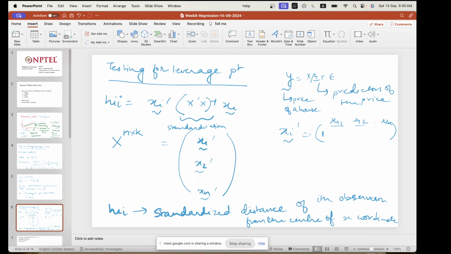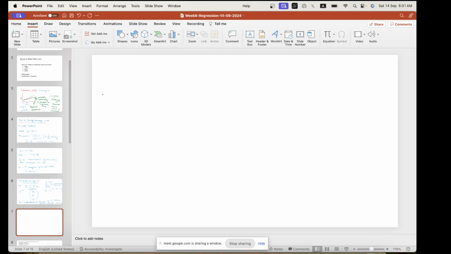So given that it's a kth dimension plane, xi prime xi is the distance of the ith observation from the center of the x coordinate plane, because this standardization is already done. Now once we know what HII is, we can formulate this.